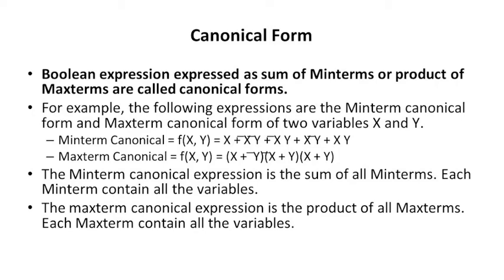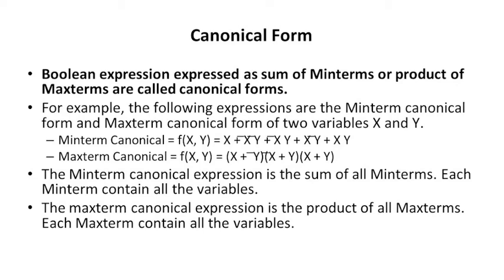The min term canonical form will be like this: x bar y bar plus x bar y plus x y bar plus xy. It is in the form of sum of product. The max term canonical form is in the form of product of sum, that is x plus y, x plus y bar, x bar plus y, x bar plus y bar.